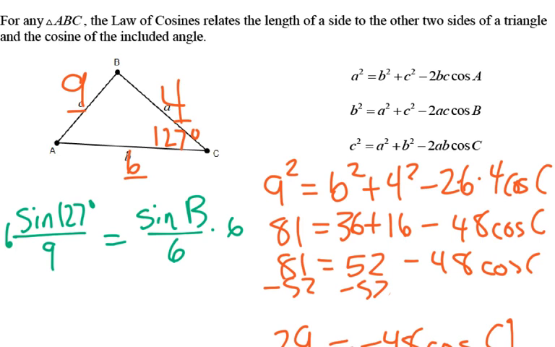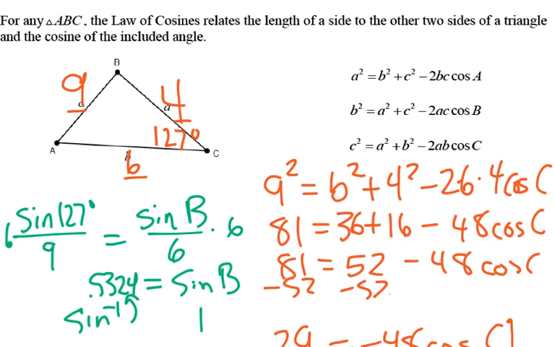Take that and divide it by 9, and we get 0.5324 equals sine of B. So take the inverse sine of that number, 0.5324, and we end up with B equals about 32.169, so 32 degrees.